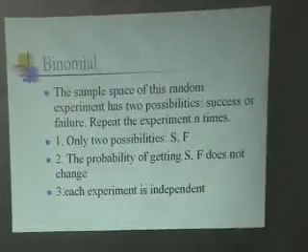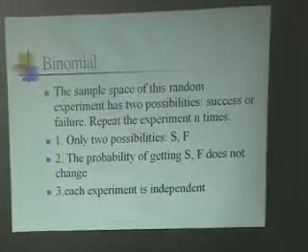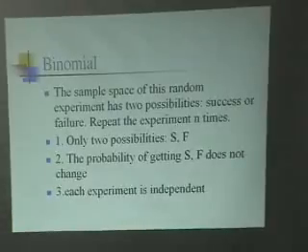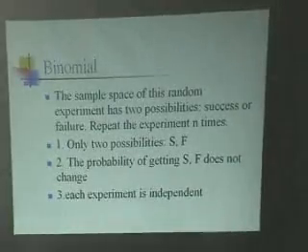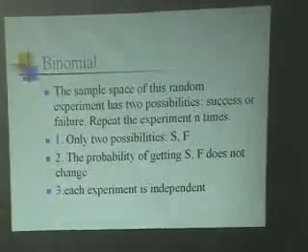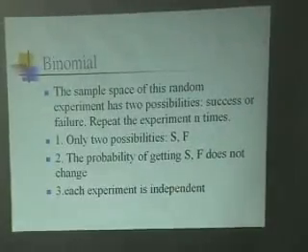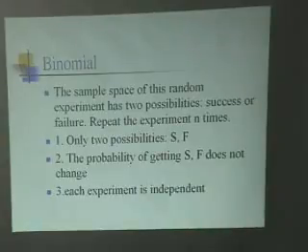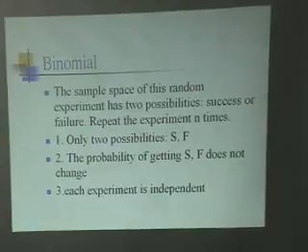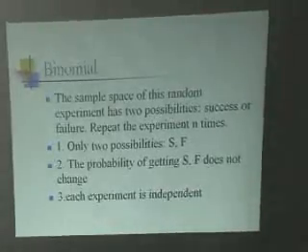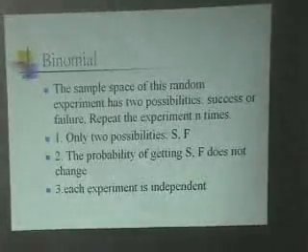No matter how many times you cast a coin, what's the probability you're going to get heads or get tails? It is 0.5. So the probability to get success or failure is the same. No matter how many times you repeat the experiment, the probability of success or failure does not change.